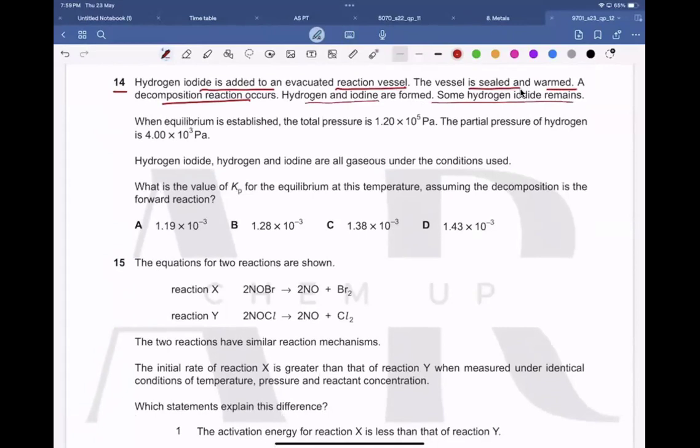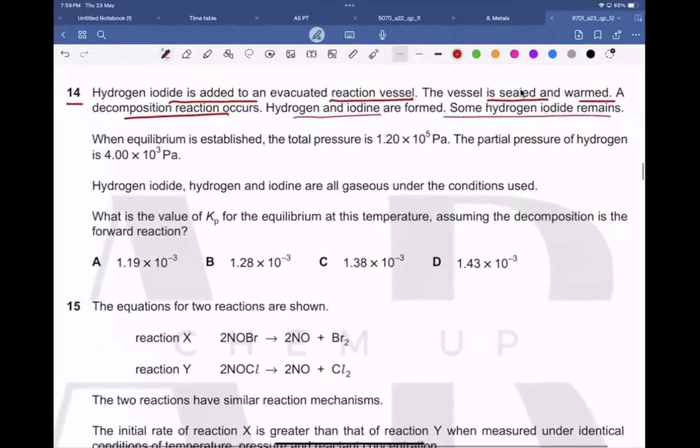Okay, so it means if you see, it's this reaction, right? Forming hydrogen and iodine, and for that we need 2 moles. The equilibrium is established. The total pressure is 1.2 × 10^5 pascals.